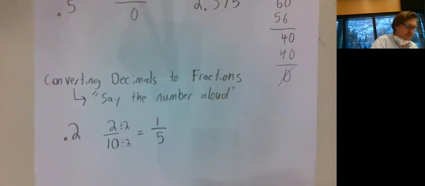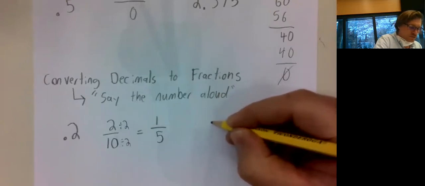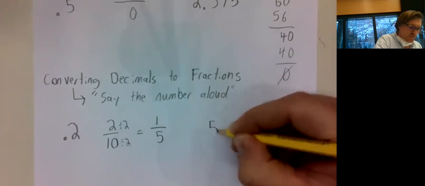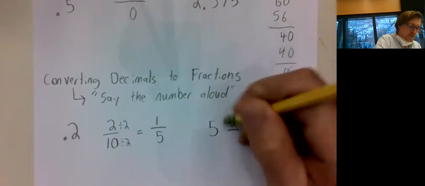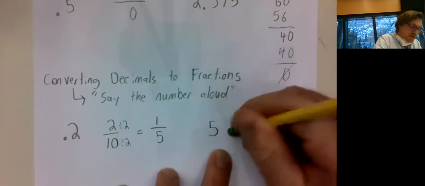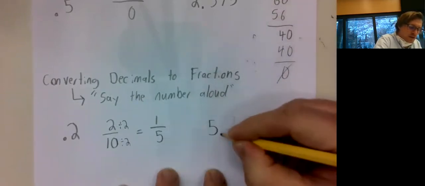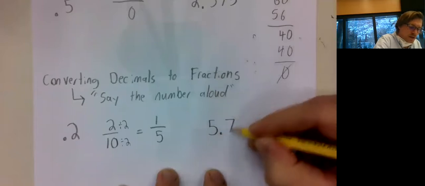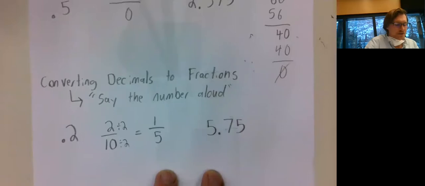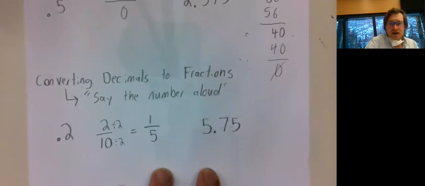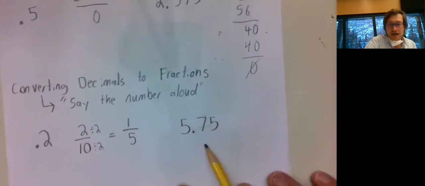Let's do another one. Let's do 5 and 75 hundredths. Now, just like the one we did up here, this is kind of like a mixed number.